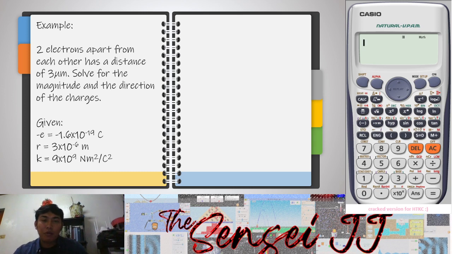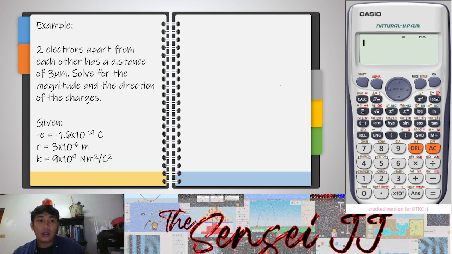Okay, so we have here our given, which is two electrons, negative e is equivalent to negative 1.6 times 10 raised to negative 19 coulombs. And we have a radius of 3 times 10 raised to negative 6 meters.